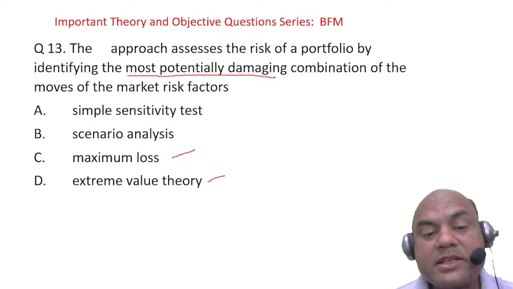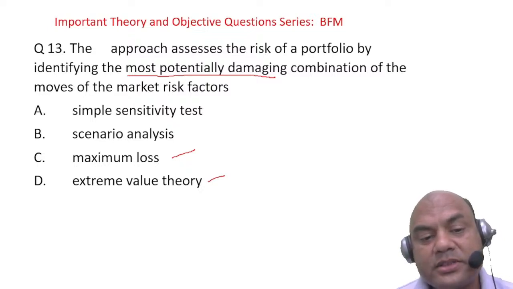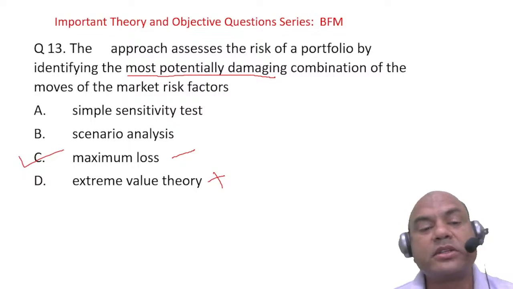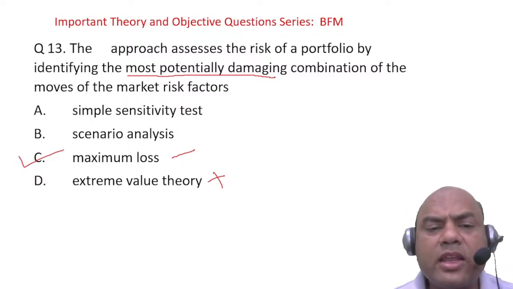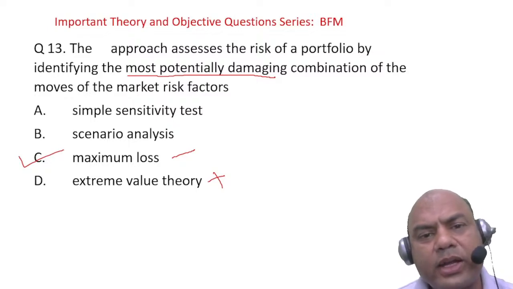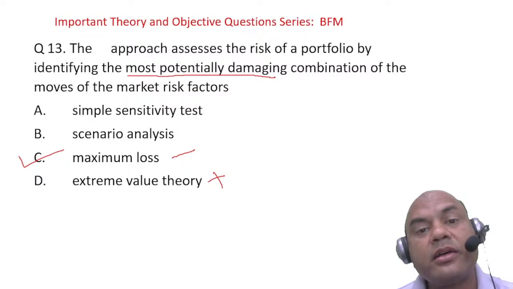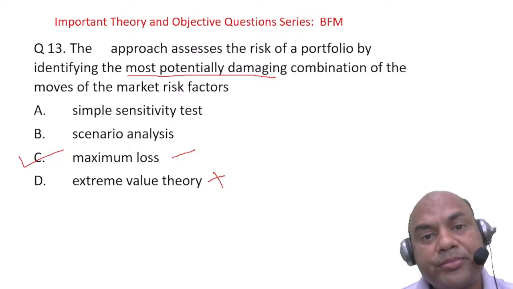Most potentially damaging combination. The answer is C. C is the answer. Maximum loss. Okay, maximum loss is a combination. So here what do we see? All the three, four, five factors whichever were there, like the deaths happening in the COVID situation, the interest rates going up, then the countries facing economic recessionary problems, right?